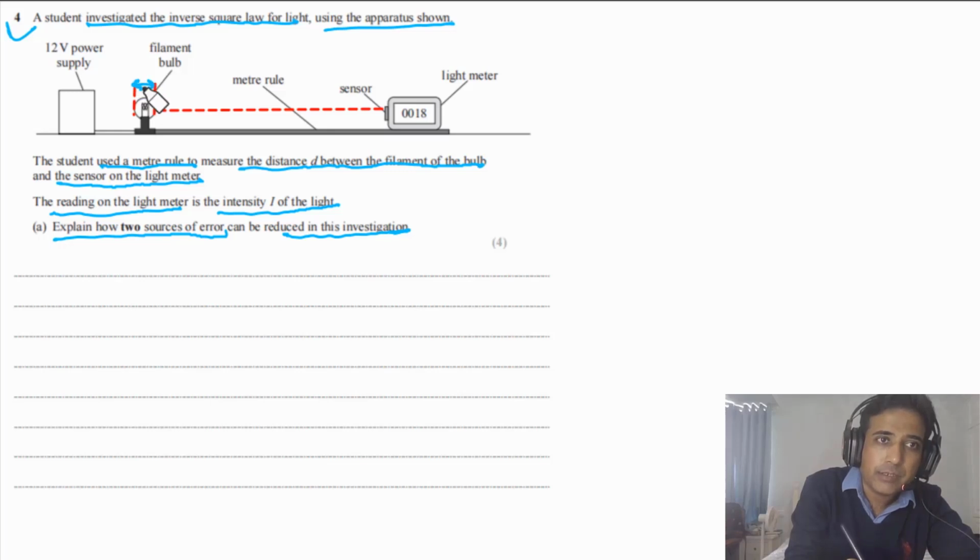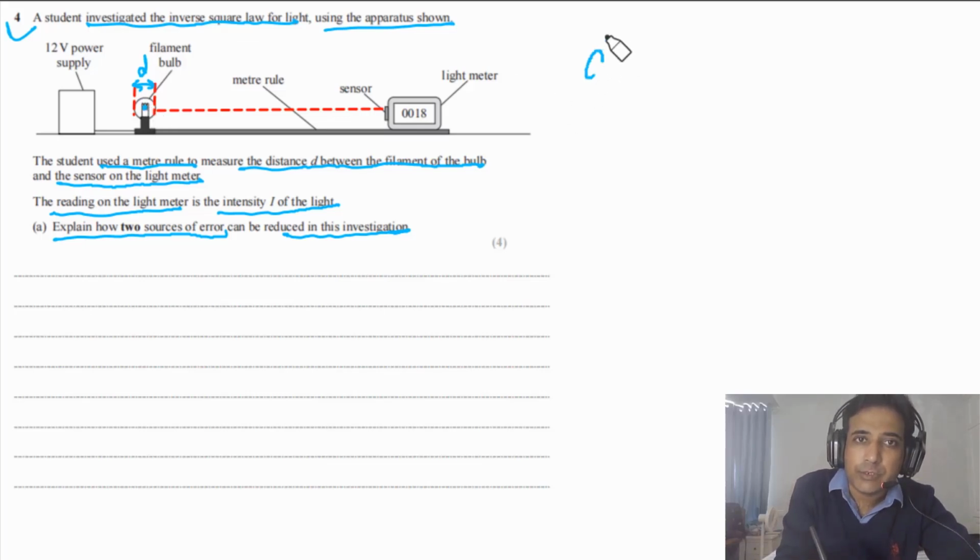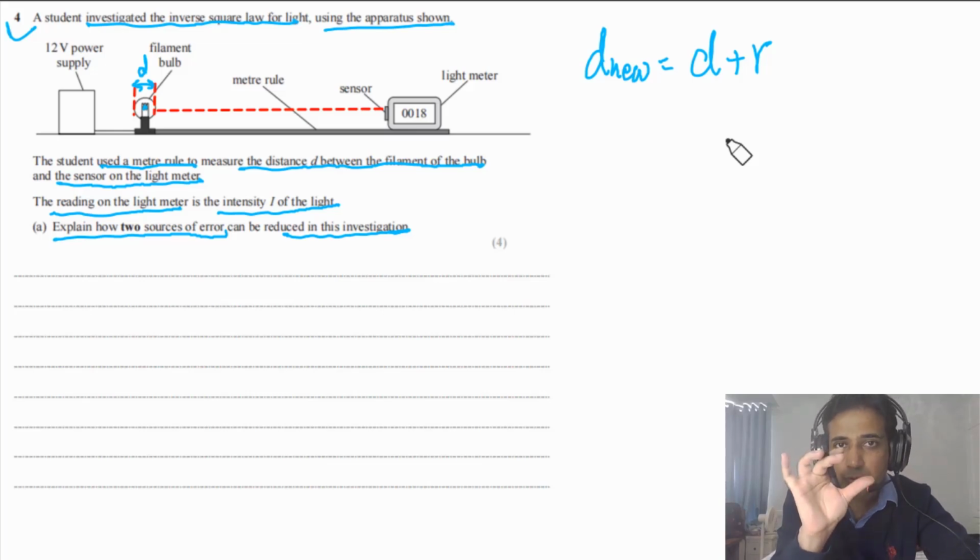We need distance from the center of this filament. So the new value of d should be d plus the radius of the bulb. This is how we can minimize the error.